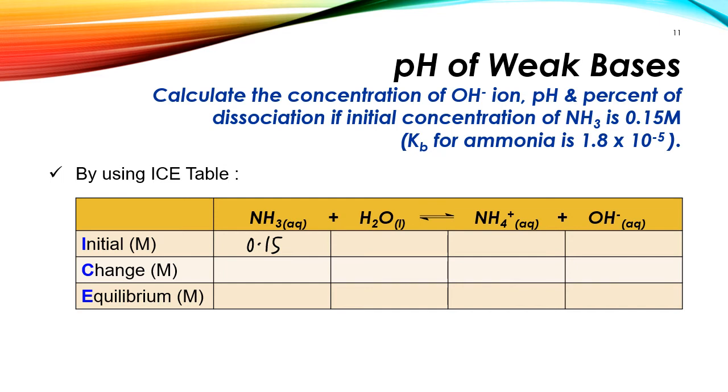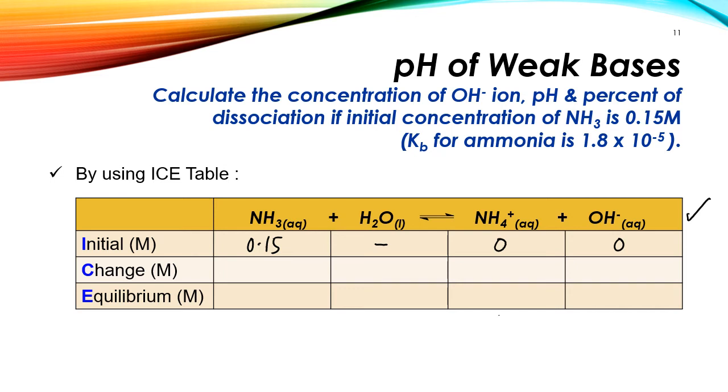You have to write the balanced chemical equation in the ICE table. Since H2O is a pure liquid, it is not involved in the expression due to its constant concentration. For the ammonium ion and the hydroxide ion, initially the concentration is 0.